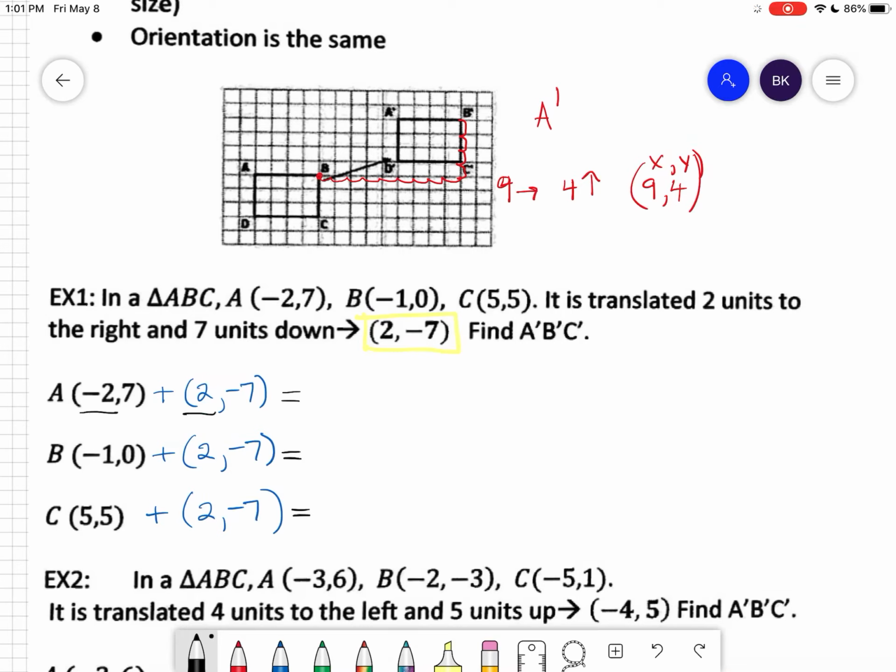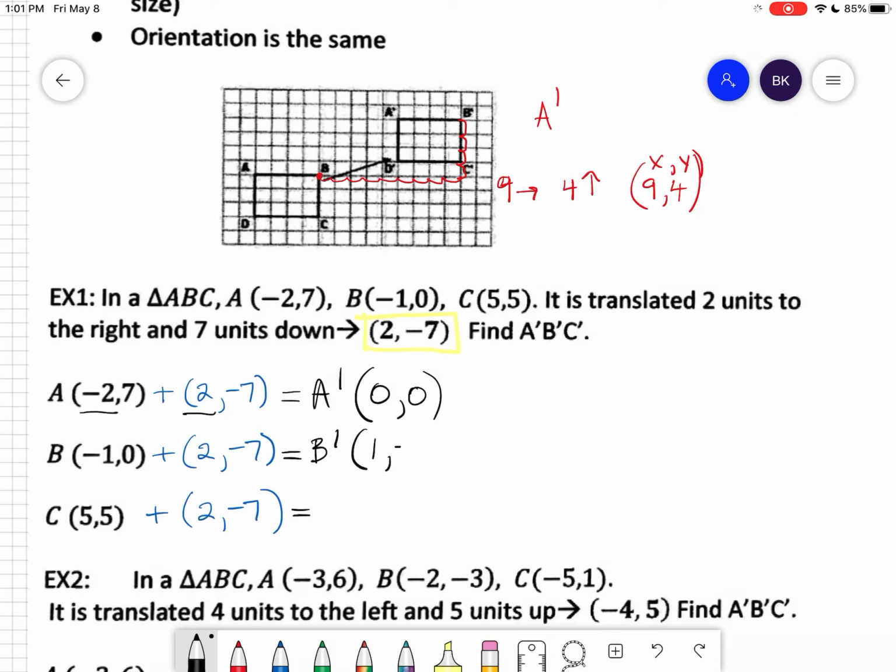So -2 plus 2 will be 0, so A prime will be 0. And then 7 plus -7 would be 0. So our first vertex will have the ordered pair (0, 0). B prime: -1 plus 2 is 1.